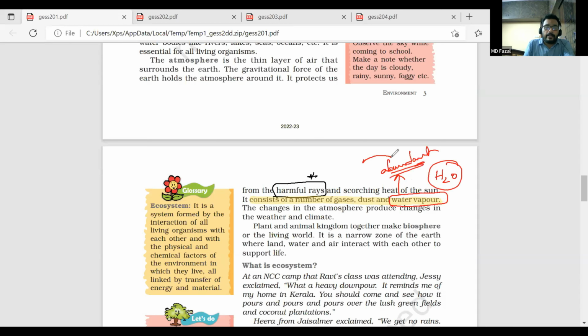It is abundantly present, but it is not dominating. Underline this and write in your class notes: water vapor is abundantly present, enormously present, but it is not dominating.